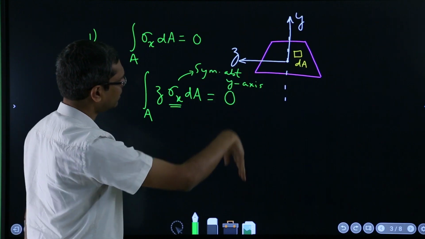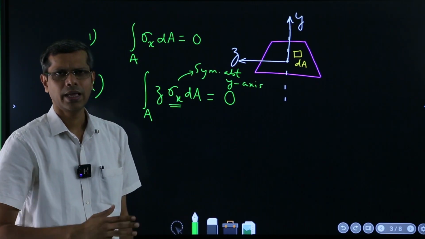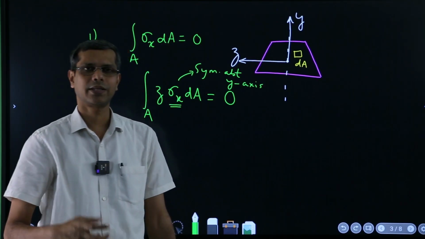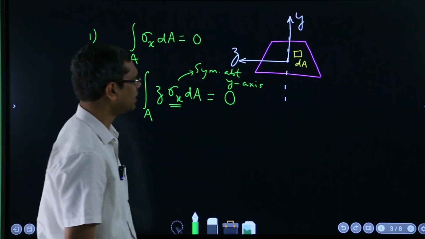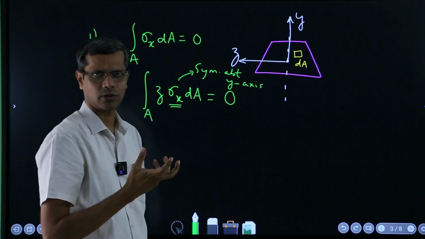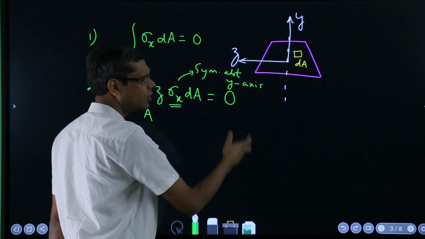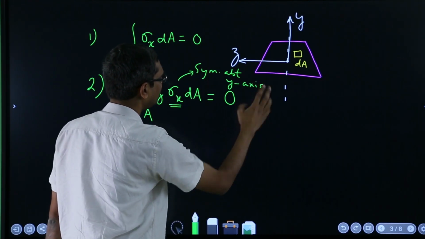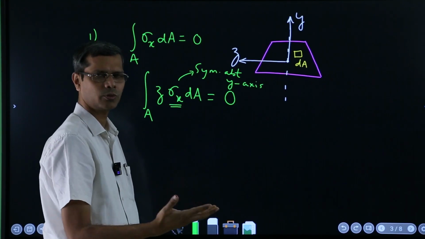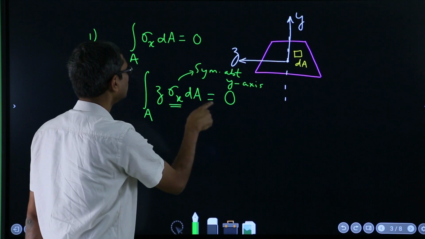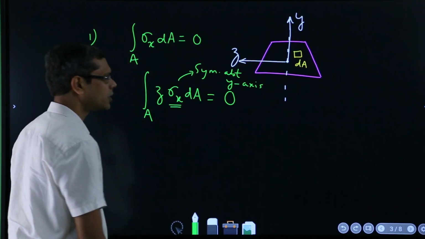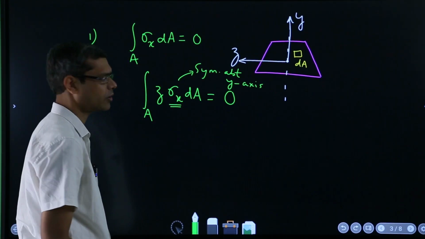We are applying the moment on this plane of symmetry, and the geometry is symmetric, so there is no reason why the stress field developed from this will be unsymmetric. That is why there is no moment acting about this y axis. It matches the intuition and the equation: the stress field has to be symmetric because of the plane of symmetry. So this gives not much information beyond what we already knew from the symmetry of the problem.